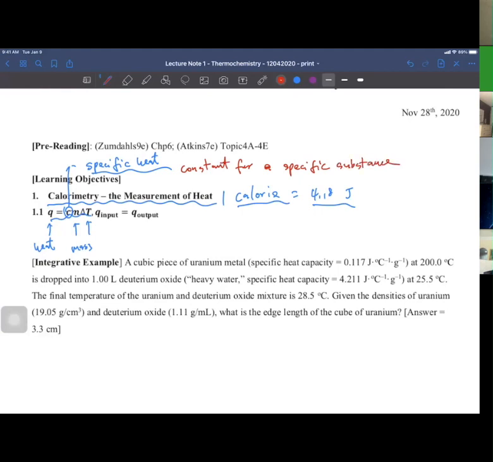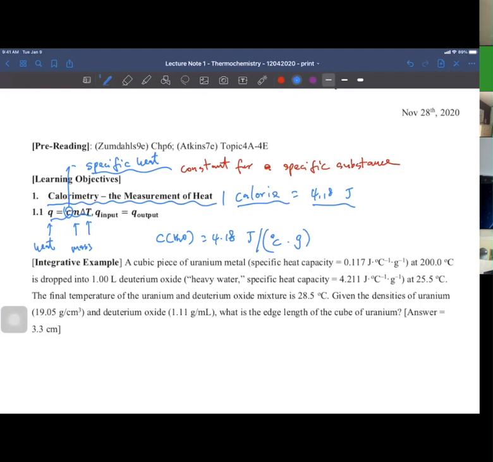What does it mean? Which means for a specific substance, the C is a constant, is not related to the mass, is not related to the delta T. But if it's not the same substance, let's say water compared to carbon dioxide, they will have a different constant here, right? So you probably know the specific heat for water is 4.18 joule per degree Celsius per gram.